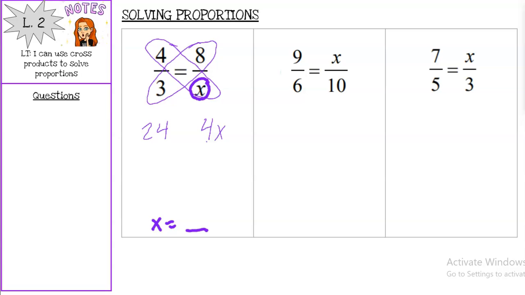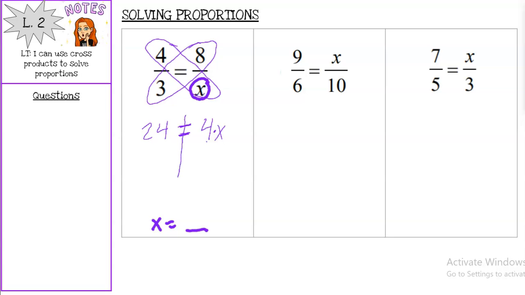To remain in proportion, those cross products have to be equal. So now we're back to what we did in Unit 3, solving an equation. 4 times x equals 24. So what number, if we multiplied it by 4, gives us 24?